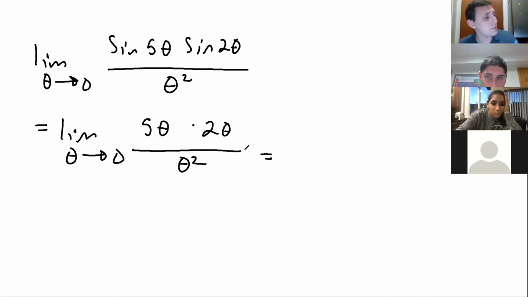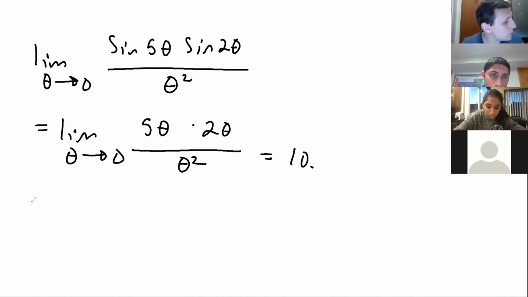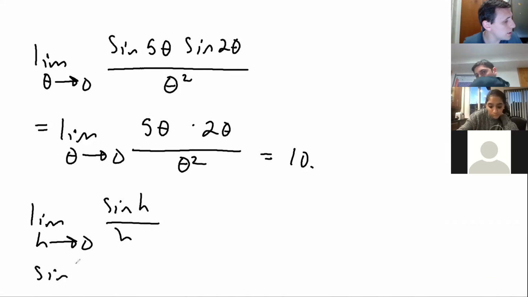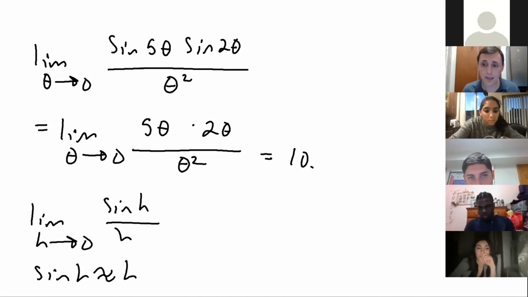And then it's very clear that the answer is 10. Good? You understand how we reason it, guys? We know that we can ignore sine because of this limit, which means if h is very small, then sine h is essentially h. It's not changing the angle. We observe that, hopefully.